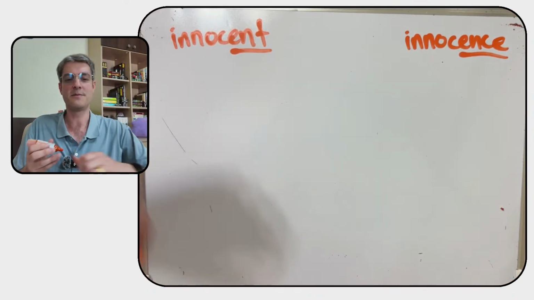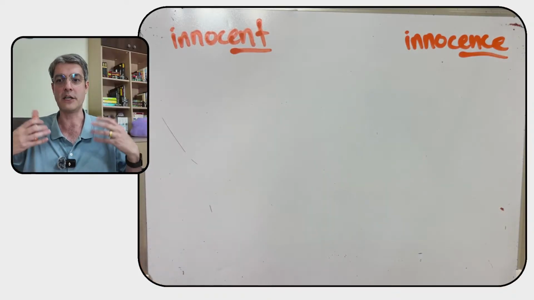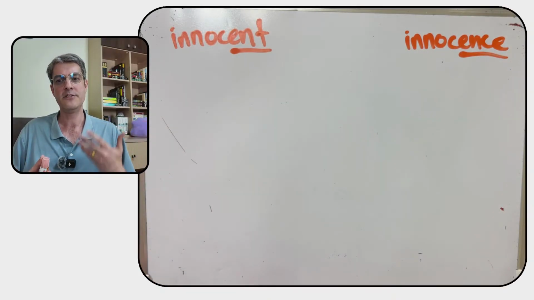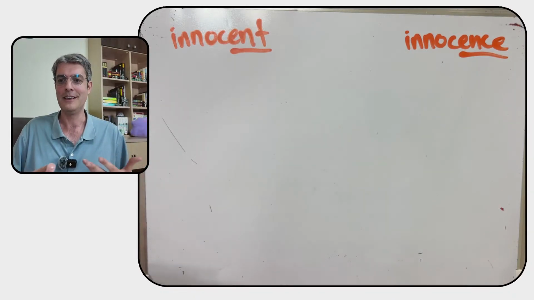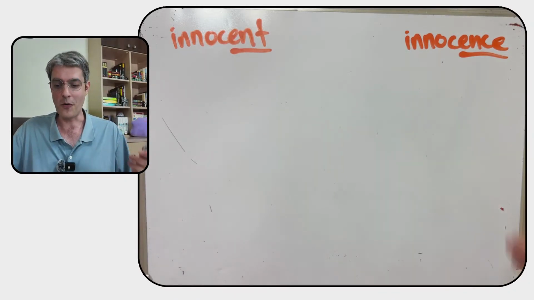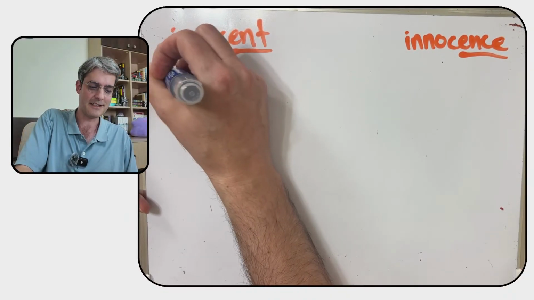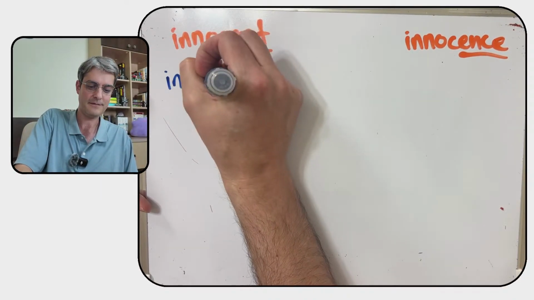So this just means not guilty of a crime or wrongdoing, to be innocent, and it can also mean to not know about mature things. And innocence is the state of being not guilty and not knowing about bad or mature things.